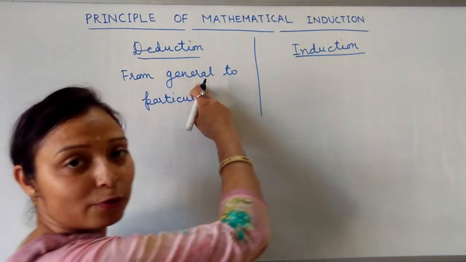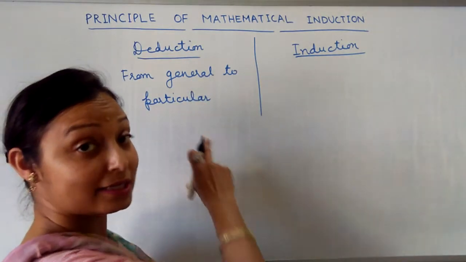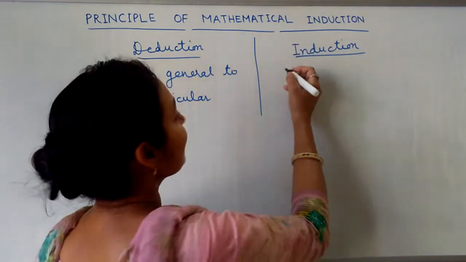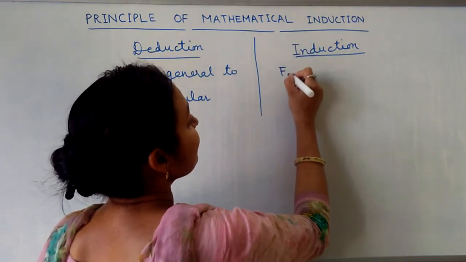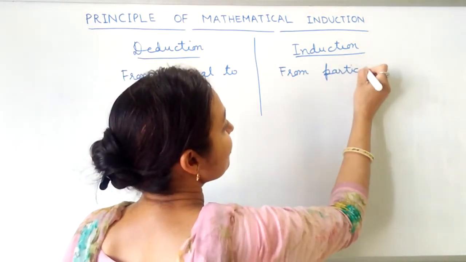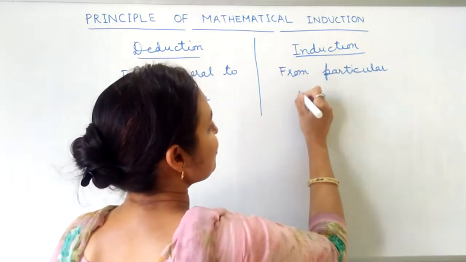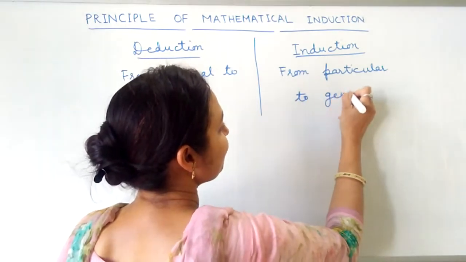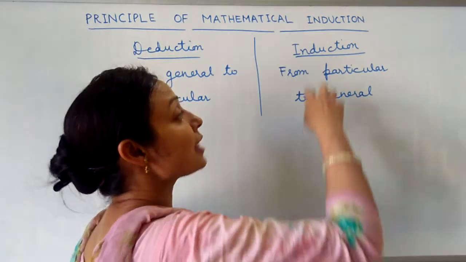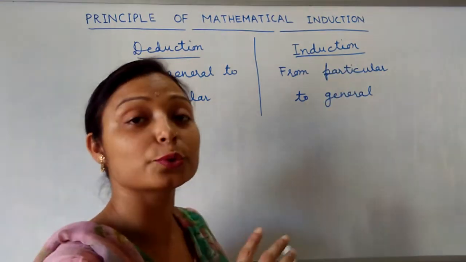You have to start from general and reach the particular result. But in induction, your result starts from a particular solution to the general solution, to general value. Induction means from particular to general.